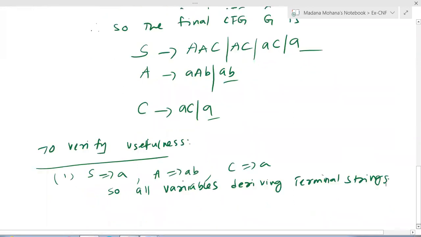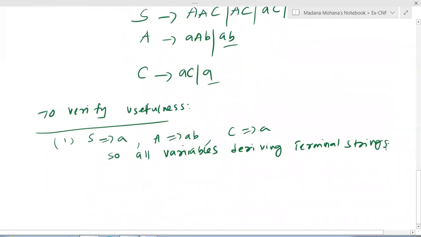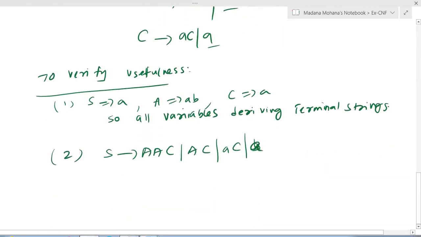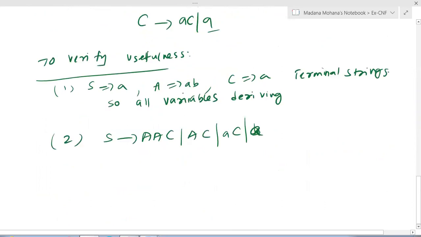Then coming to the second condition. That means every variable should be reachable from S, the starting variable. Now take S productions here. S derives AAC or AC or AC or A. For this, construct its dependency graph for S productions.